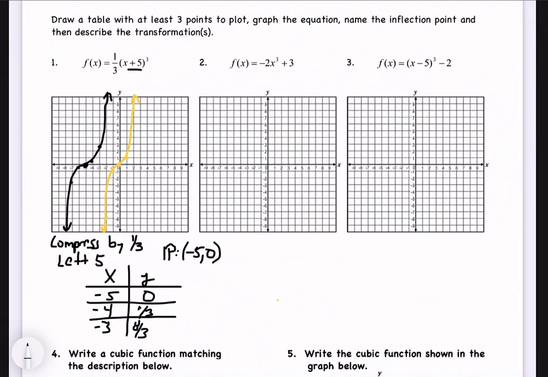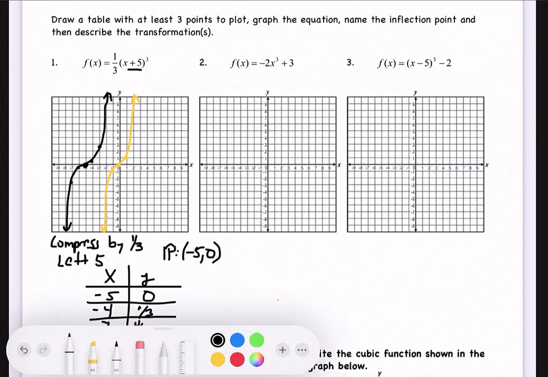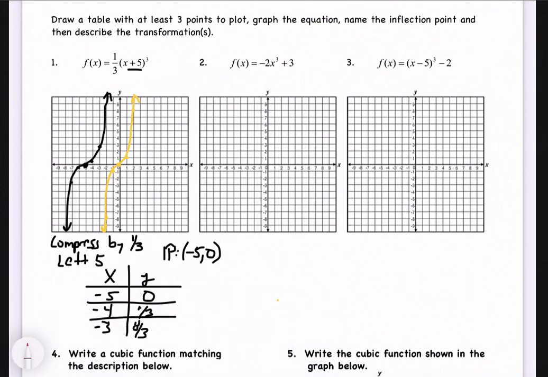Number 2, f of x equals -2 x cubed plus 3. So we would say this one reflects across the x-axis because there's a negative.